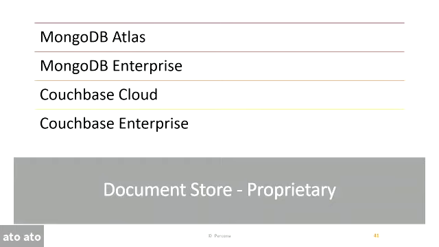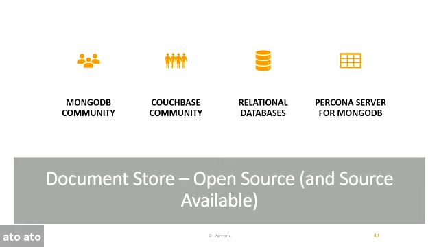If you look at the proprietary side, we have, of course, a combination of a database-as-a-service solution such as MongoDB Atlas, as well as enterprise versions of open source software, which top open source or source available vendors such as MongoDB and Couchbase offer. For the document store, I would mix the open source and source available together for simplicity.